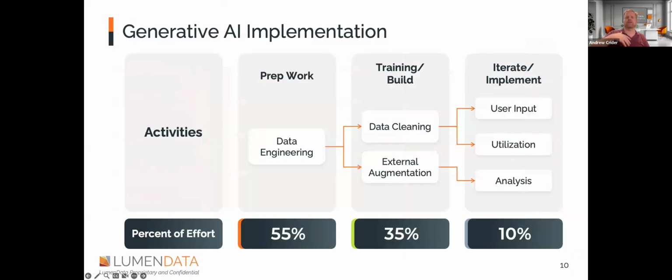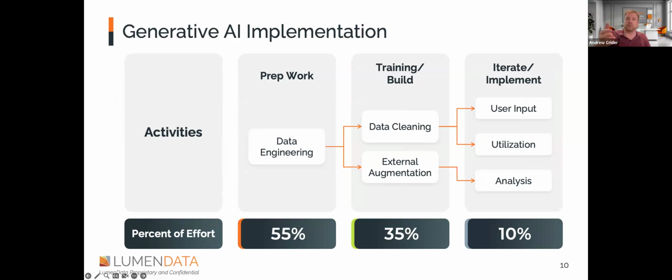And so when we're looking at it from a scoping perspective, what we have to be aware of is that 90% of our work is actually done before we even write a single line of code for our large language models. A large percentage is data engineering: getting the data that we need, formatting the data, removing PII information as appropriate, and then doing our data cleaning, consolidating all of our information into one single instance, augmenting that data with external data sources.